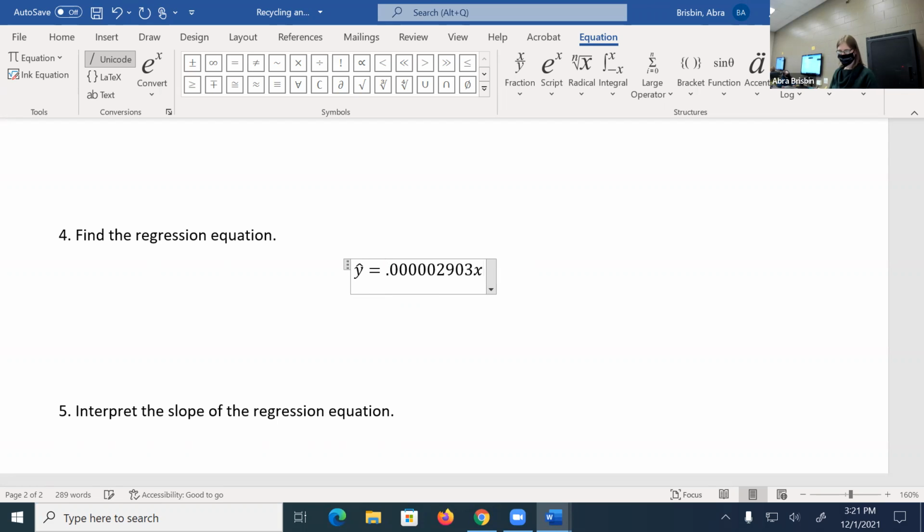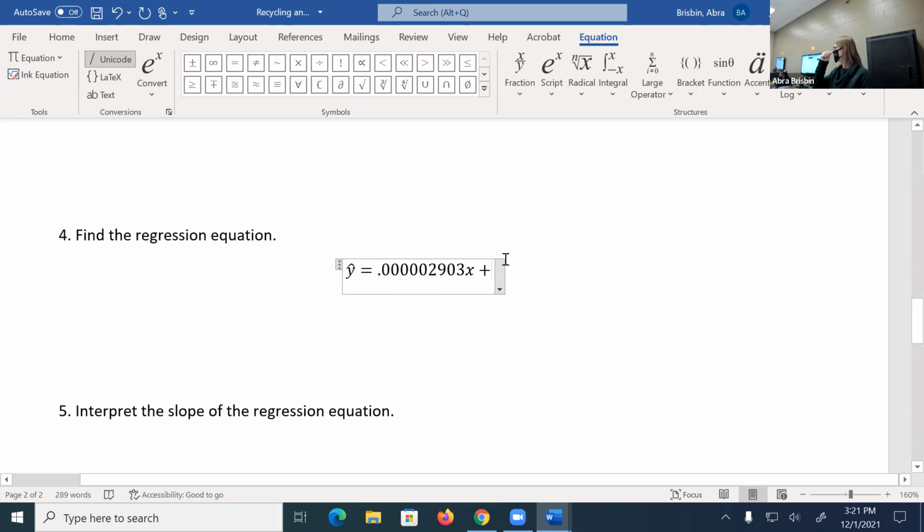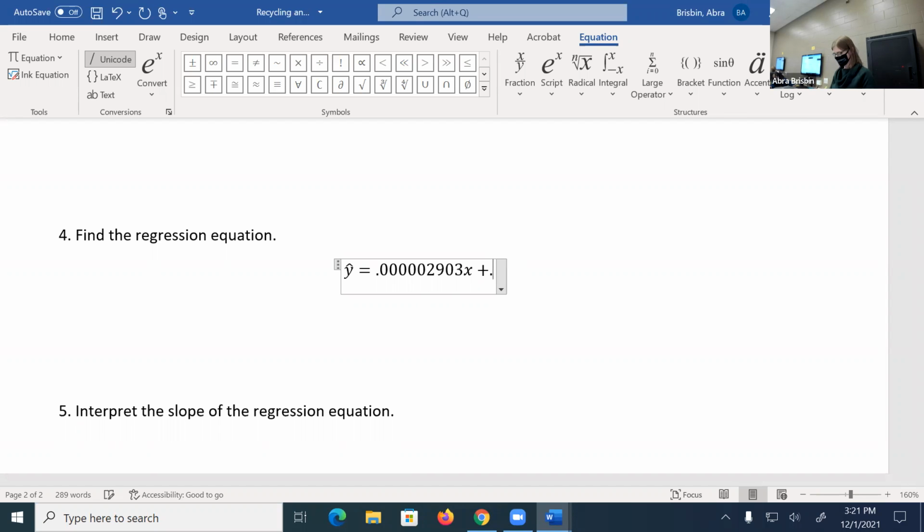All right, so this is times X plus 0.23731 for the Y-intercept. Yes. 0.237. Was there a number before the decimal? No.